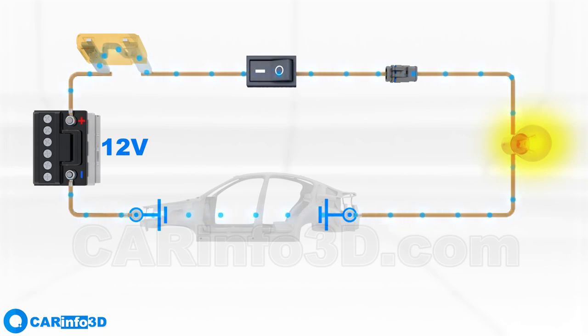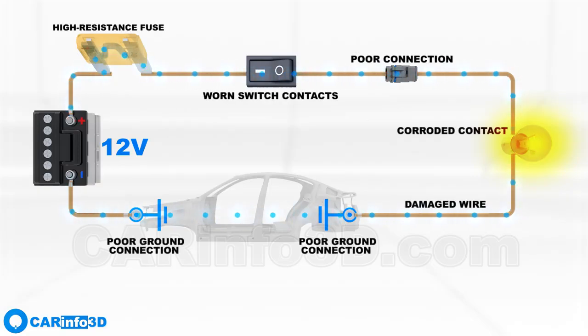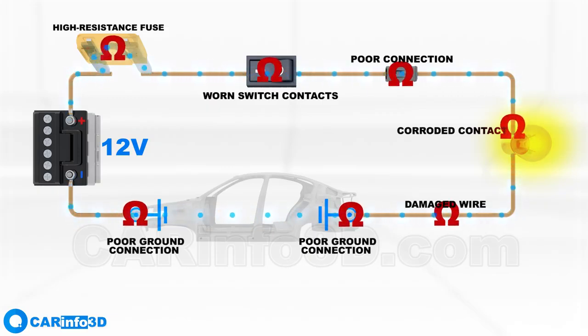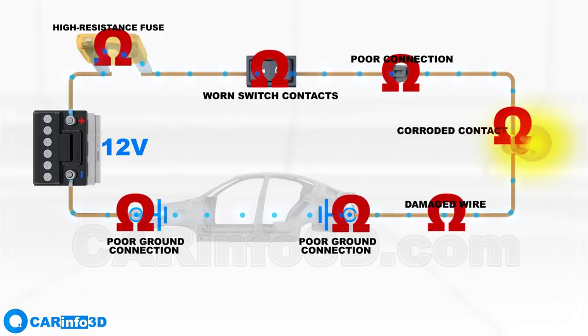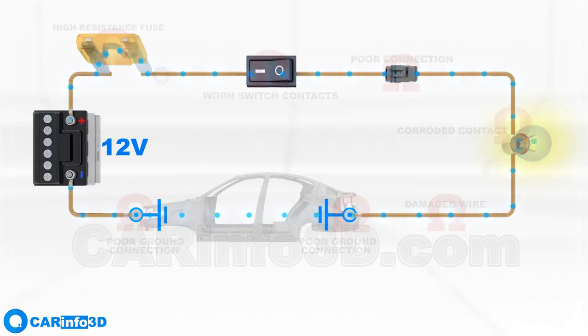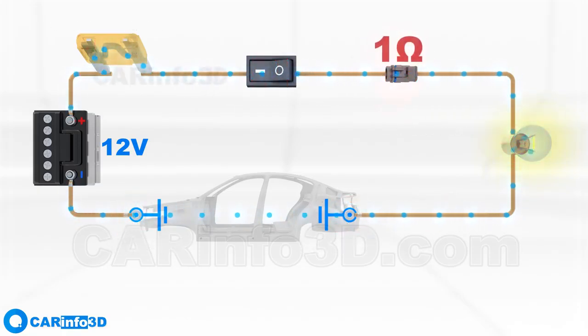Let's return to our single bulb circuit and consider what happens when a fault develops. Examples of common faults include corroded contacts, damaged wiring, poor connections in a connector, a bad ground. Any of these issues can result in unwanted resistance in the circuit. As you may remember, voltage distributes across components in proportion to their resistance. Let's say a faulty connector has developed significant resistance, 1 ohm, while the bulb's resistance is 3 ohms.